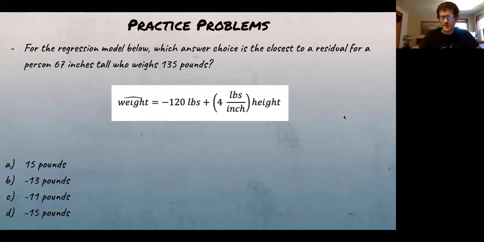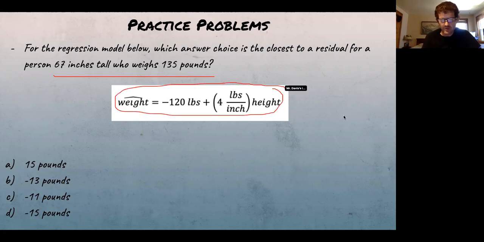With this one, we went through a problem like this before, but it's worth seeing it again. If we have an actual data point, someone 67 inches tall weighs 135 pounds, that's real data, but we want to figure out what the residual for that is based on the model that we were using to predict weight.